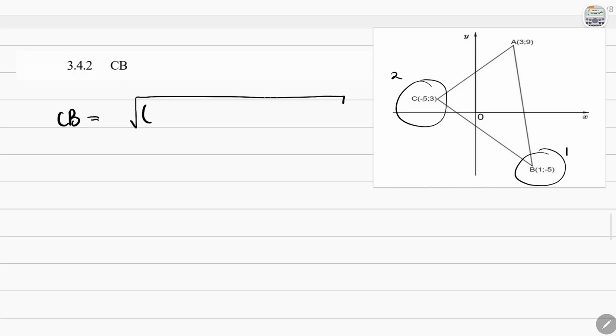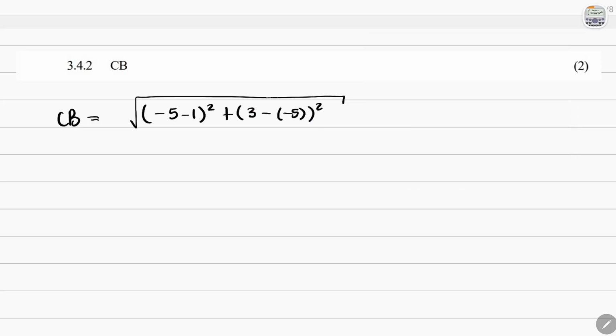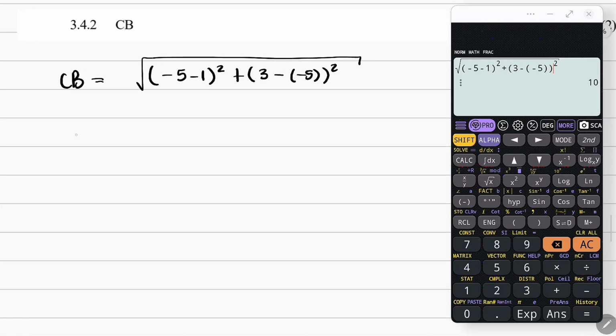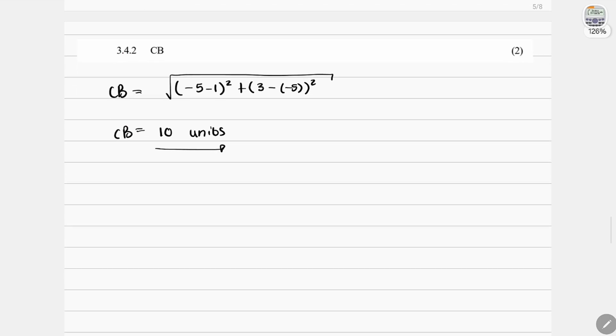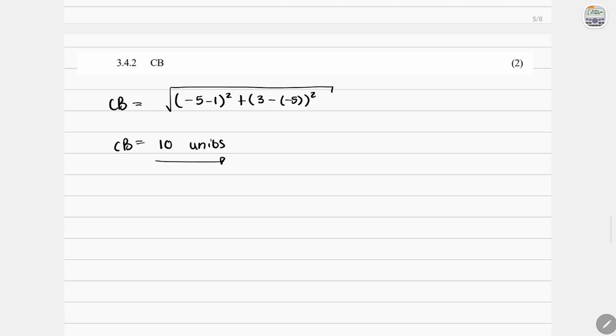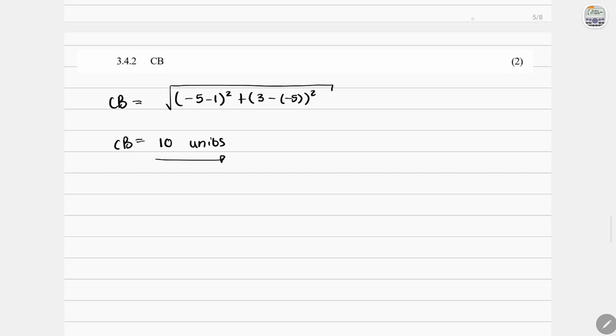So this is the second point, x value, minus 5 minus 1 all squared, plus 3 minus negative 5 all squared. And just get the answer on your calculator. And you can see that CB is simply equal to 10 units as well. So that's clearly an isosceles triangle, a right angle isosceles triangle. And that is our answer. Moving on to the next question.